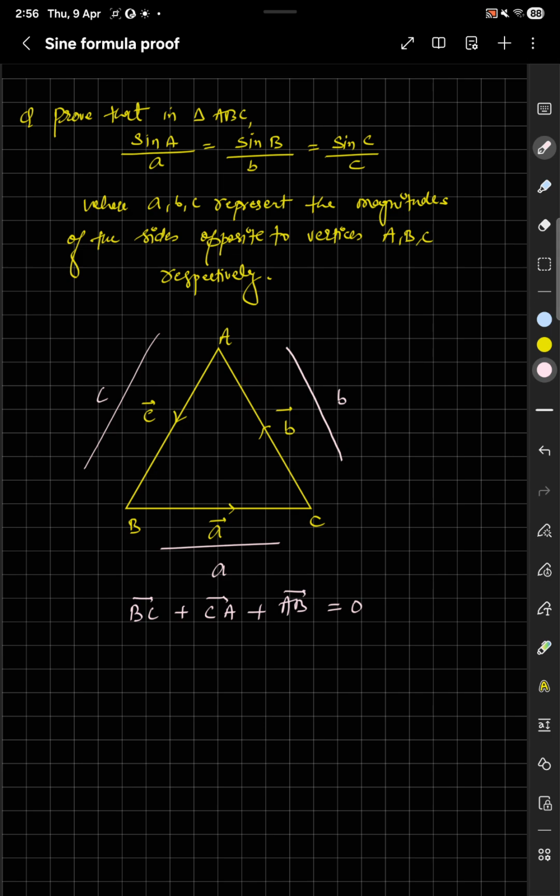Firstly, write this: vector a plus vector b plus vector c is equal to 0.